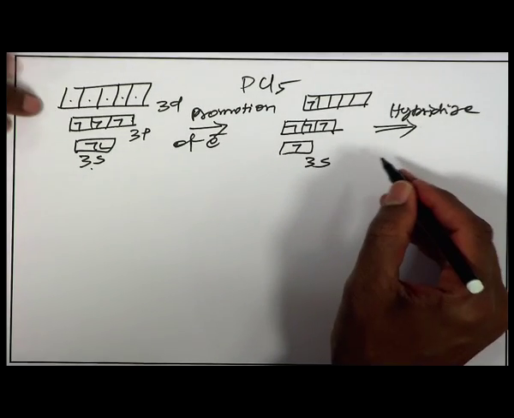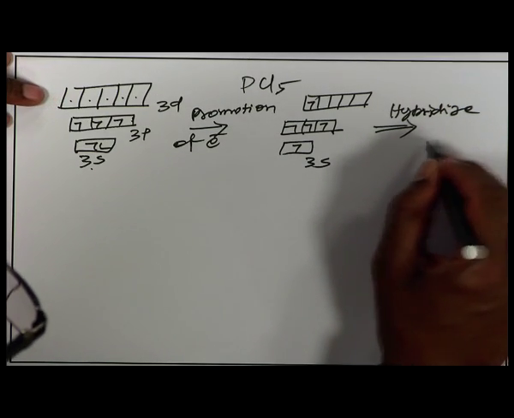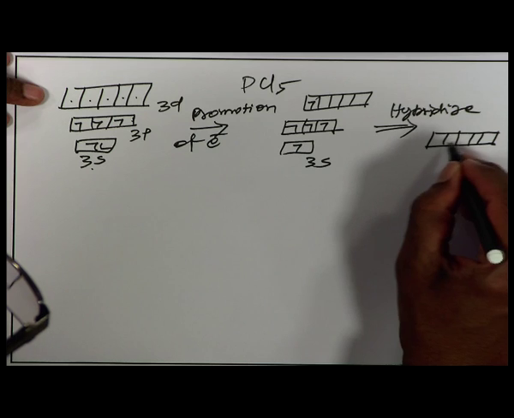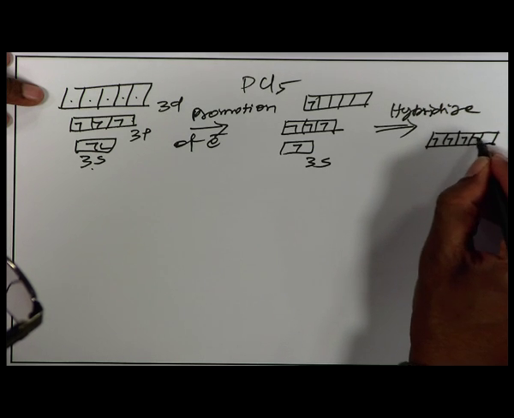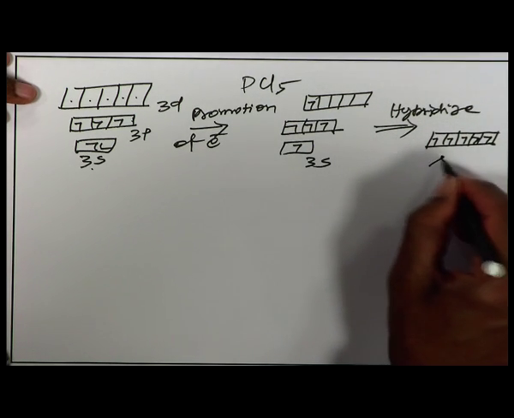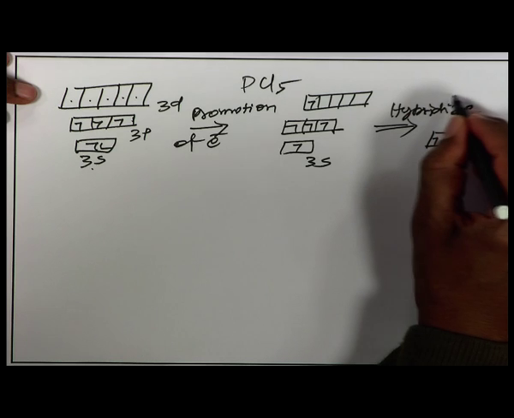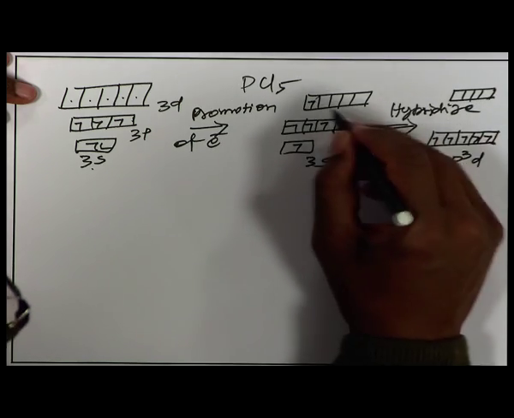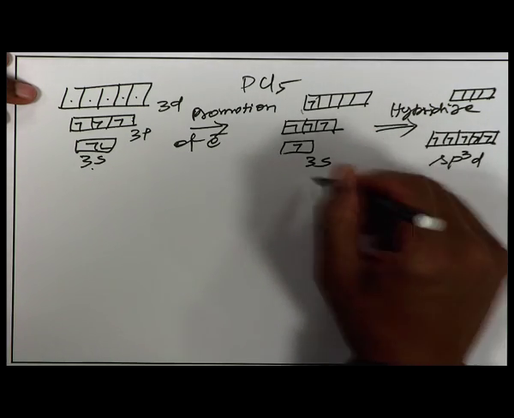They hybridize, giving 5 equivalent hybridized orbitals. So, you can have 1, 2, 3, 4, 5. So, it is an sp3d hybridized orbital, and there are unhybridized d orbitals, the remaining 4 d orbitals, because one of the d orbitals is used for hybridization with the sp orbitals.